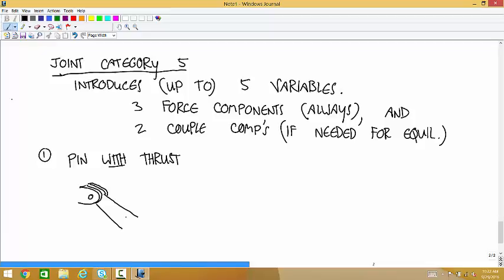Okay, so this is a joint with flanges bordering it, so that body, the one that I'm calling member 1 here, doesn't have the ability to move along that pin.